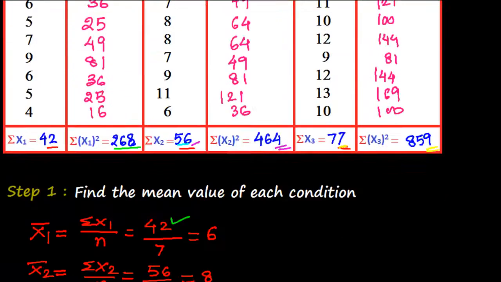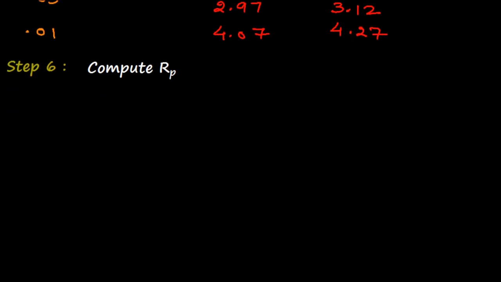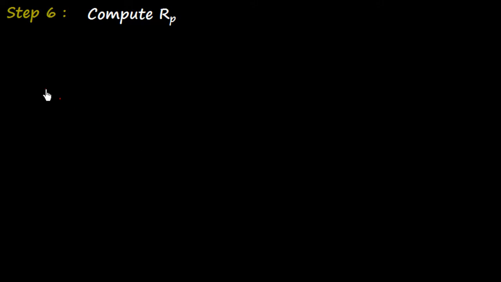So I write down the formula here: RP is equal to AC into RP, square root of 1 over n.